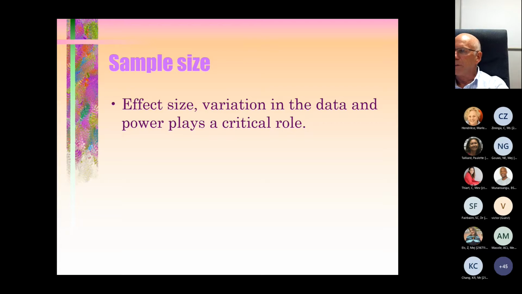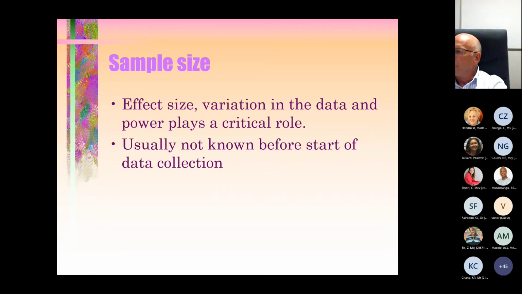Whereas if the differences become a bit subtle, but there are still differences, then you're going to need larger sample sizes for the smaller effect size to indicate that the differences are still statistically significant. So that is the big problem with sample size calculation: what effect size do you base your sample size calculation on?